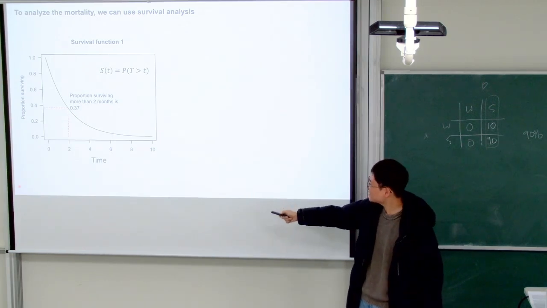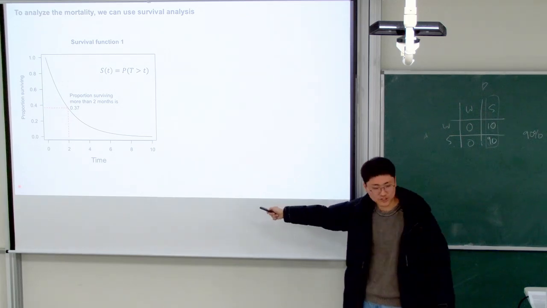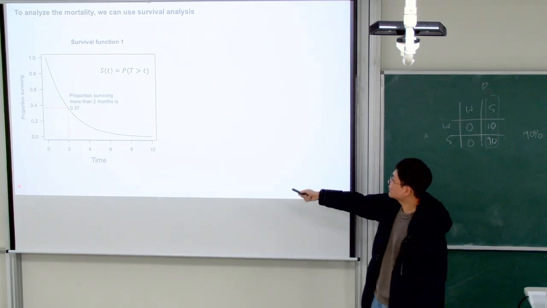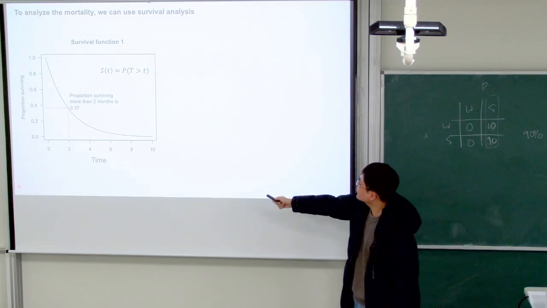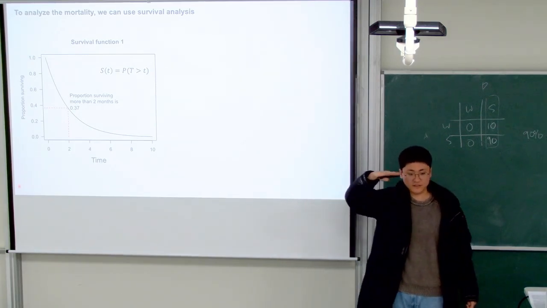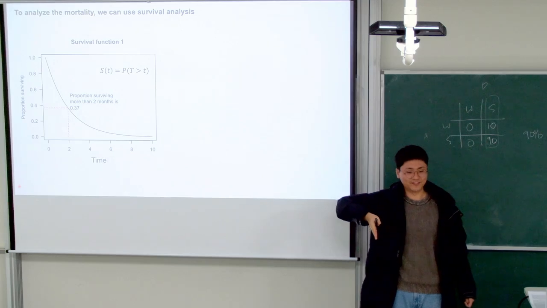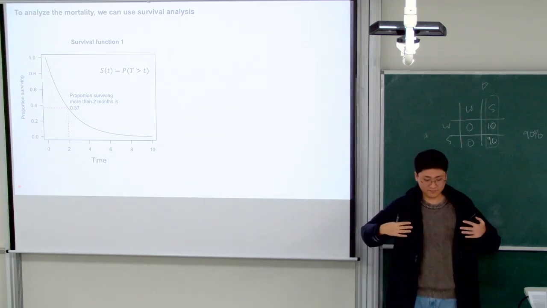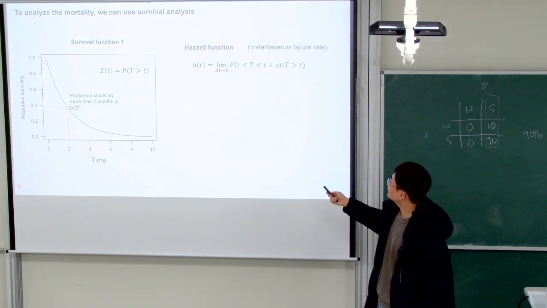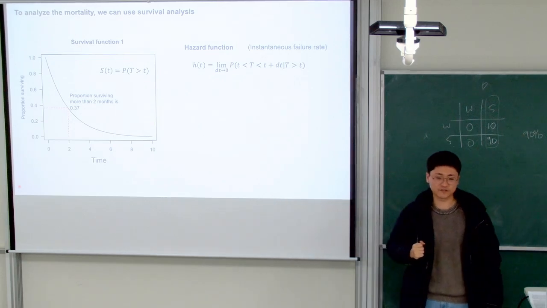You can think of this with different scales of age: how many people are still alive at this age? We can plot the survival function, and then you can think of this random variable T as the stopping point for death. With this random variable, we can also consider the hazard function.